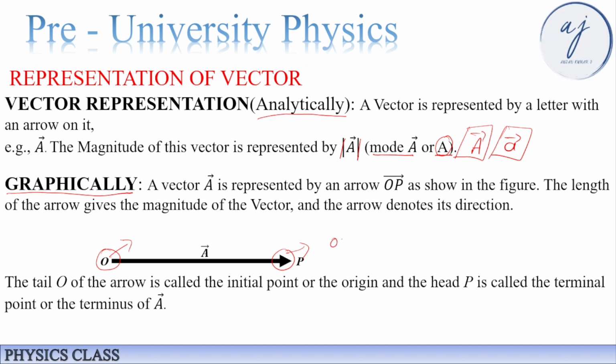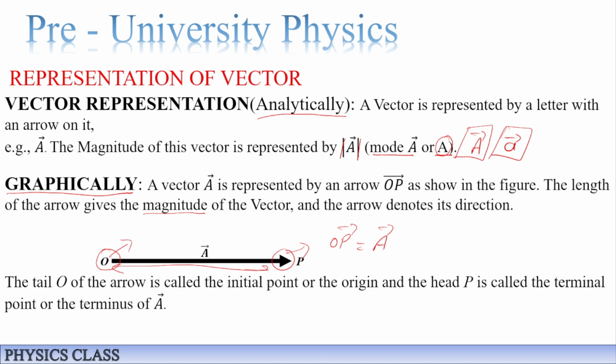Here, OP represents the vector A. The length of this arrow, OP, will give you the magnitude of the vector, and the direction in which the arrowhead is headed will give you the direction of this vector.